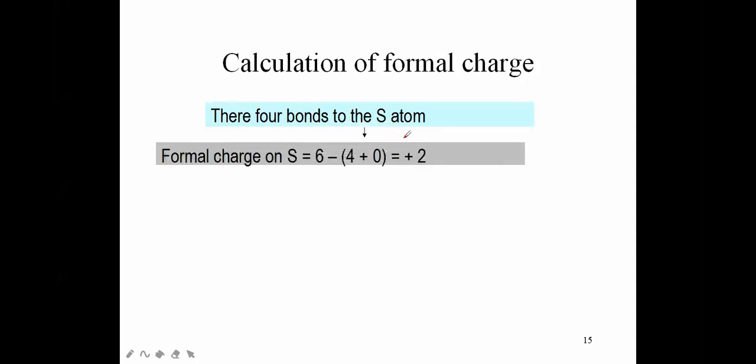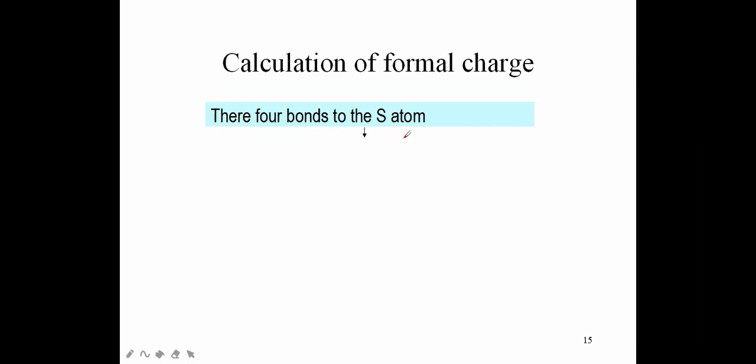The total number of valence electrons for S is 6 in the outermost shell. You need to have a periodic table so that you're able to see the atomic number and the number of electrons. You write the electron configuration and you find that the number of electrons in the outermost shell for sulfur is 6.